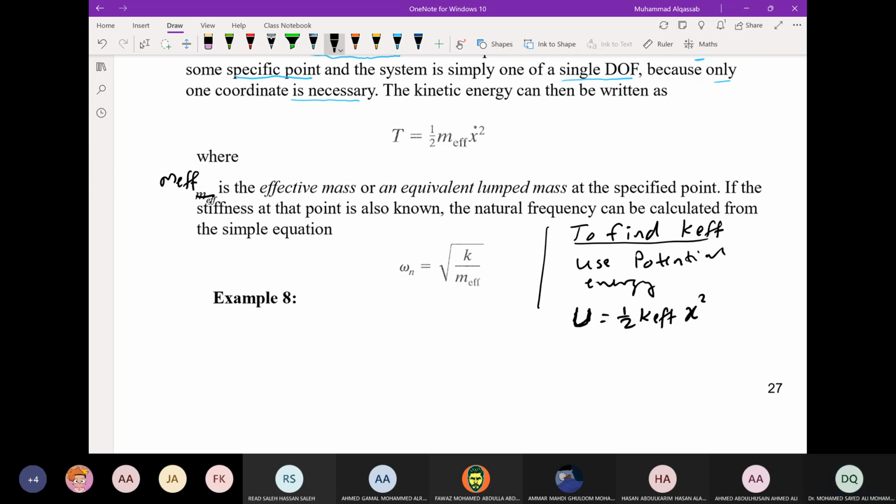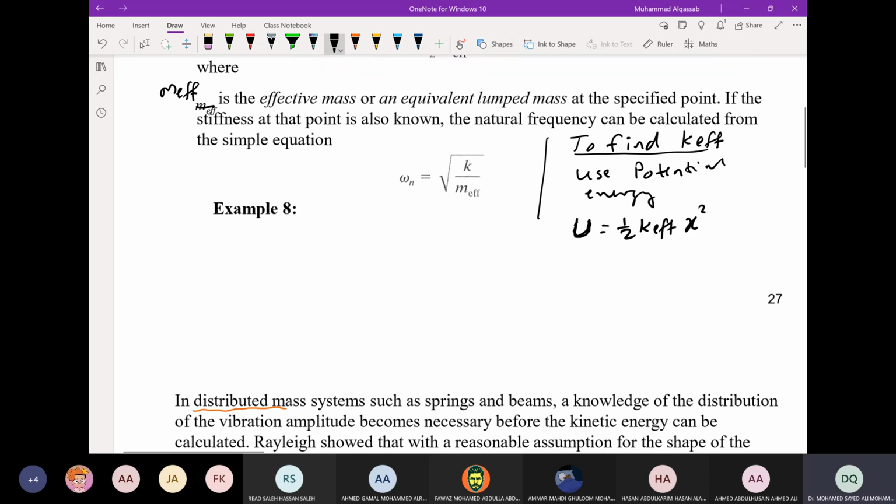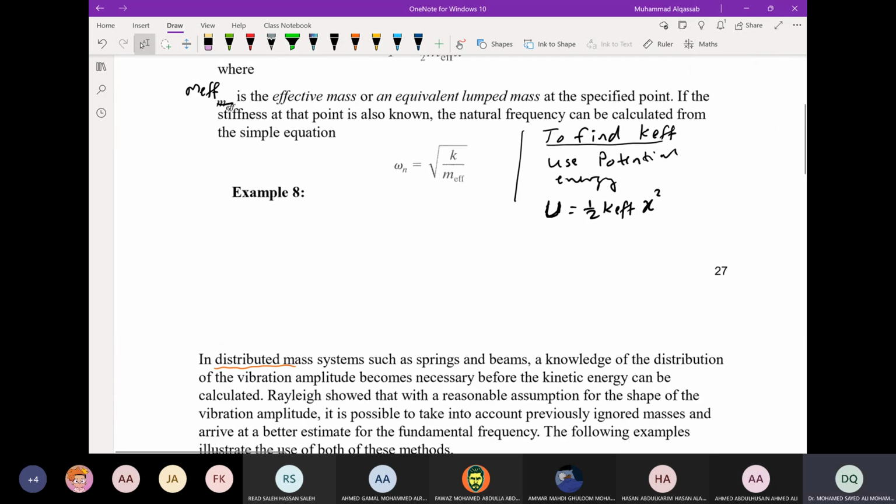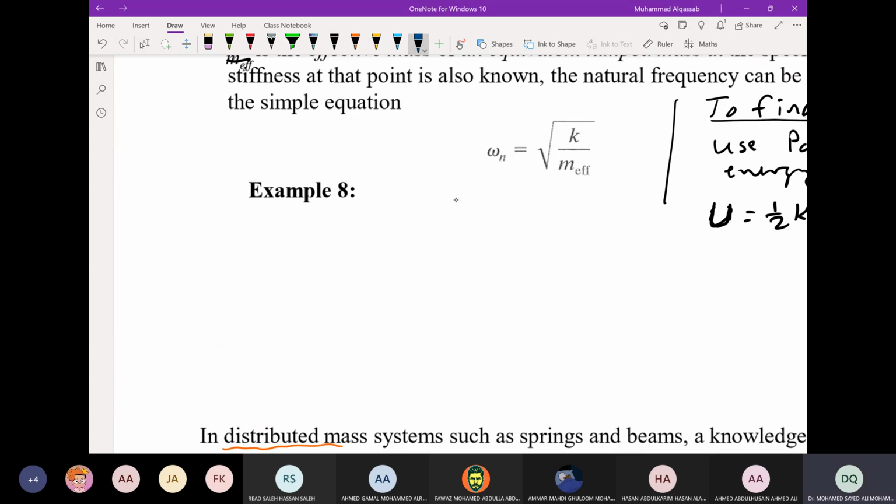Okay, the example is we have a rigid massless link pivoted here, and there is a torsional spring. Okay, and it carries different masses, 3 masses.